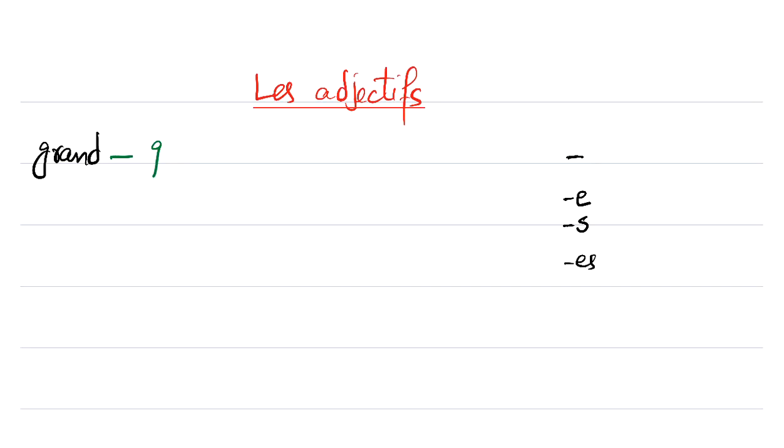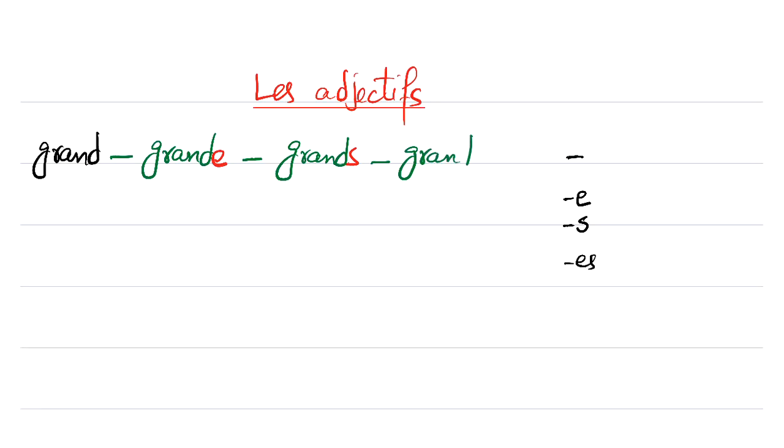For feminine, you add e, so grand changes into grande, you add e with it. And for changing it into masculine plural, you need to add s. And for feminine plural, what you need to do is add e and s.